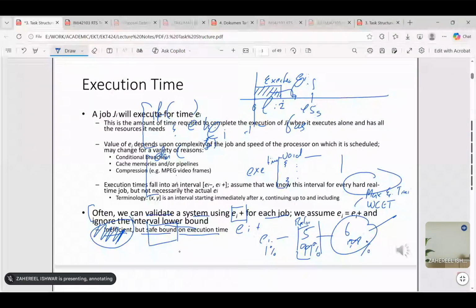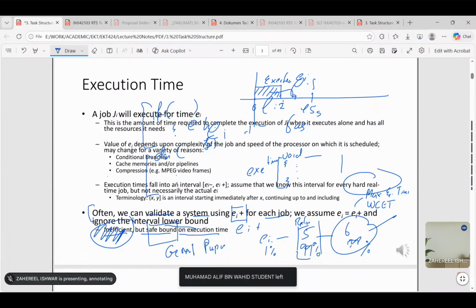Now, that is different for general purpose computing system, like our discussion in previous semester in modern operating system. In modern operating system, we won't take E sub I plus, we will take E sub I only, because our main concern is efficiency. In ordinary computing system, like my laptop, for example, if I press the start button 100 times, it fails once. Well, that's okay. Or maybe in 1,000 times, it fails once.